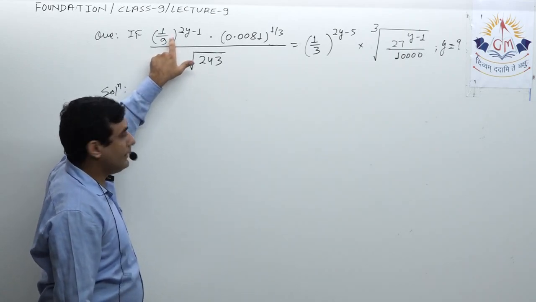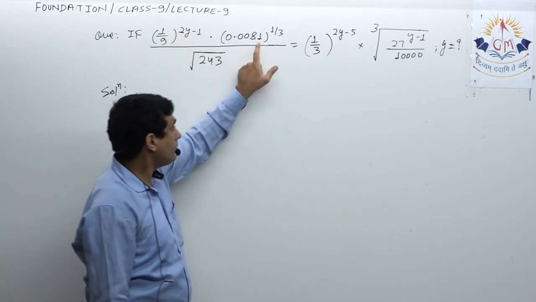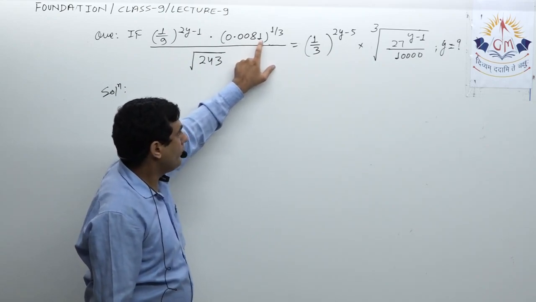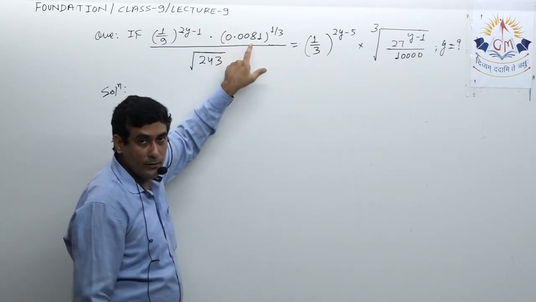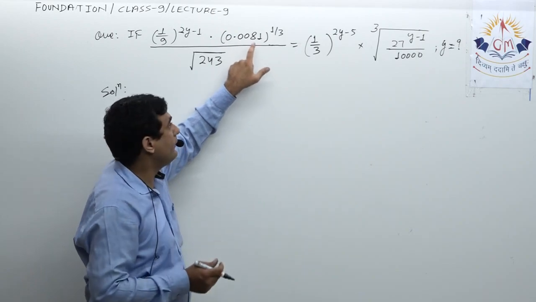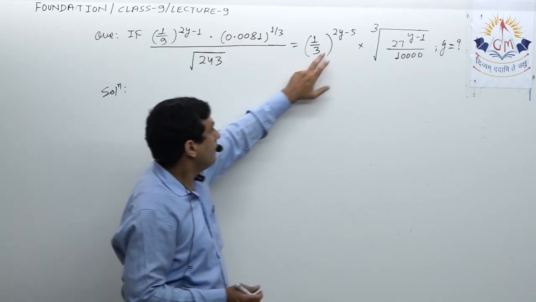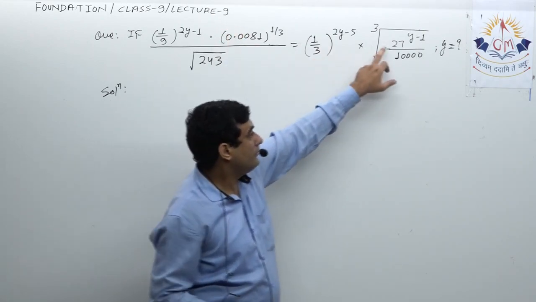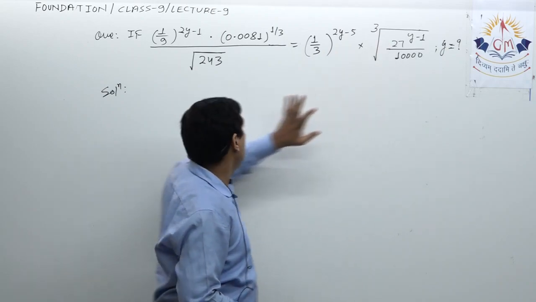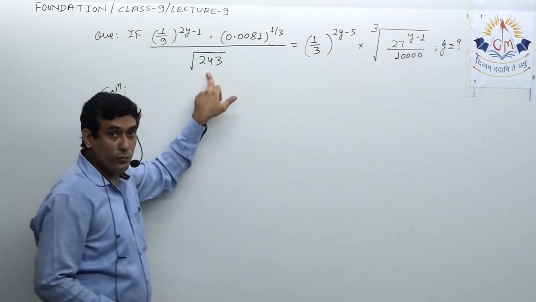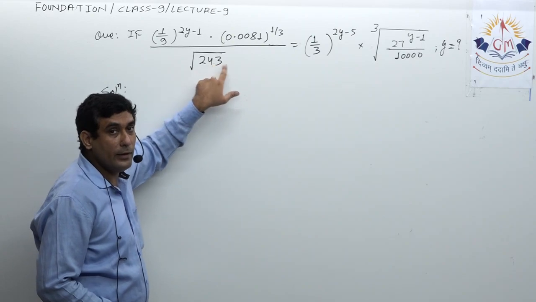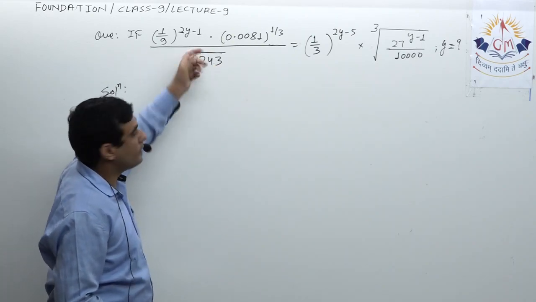Here it is 1 by 9, that is 3 raised to minus 2. 0.0081, if I remove the decimal, then I will get 81, and 81 is 3 raised to 4. Similarly 1 by 3 is 3 raised to minus 1. Actually 243 is 3 raised to 5, then again 1 by 2.